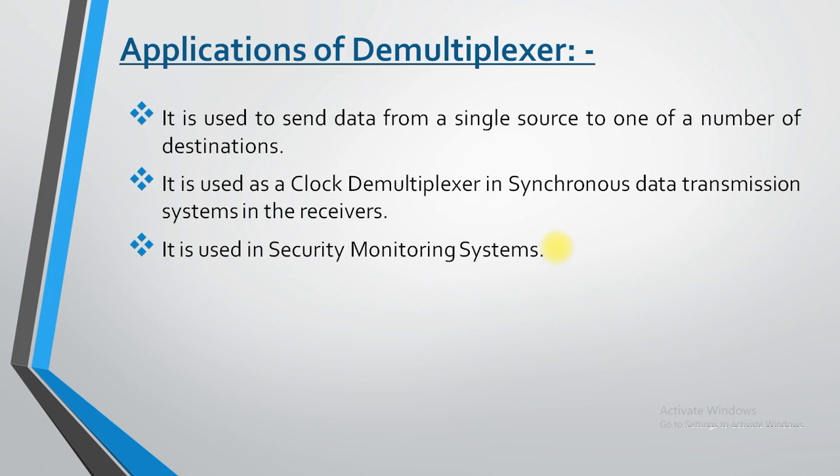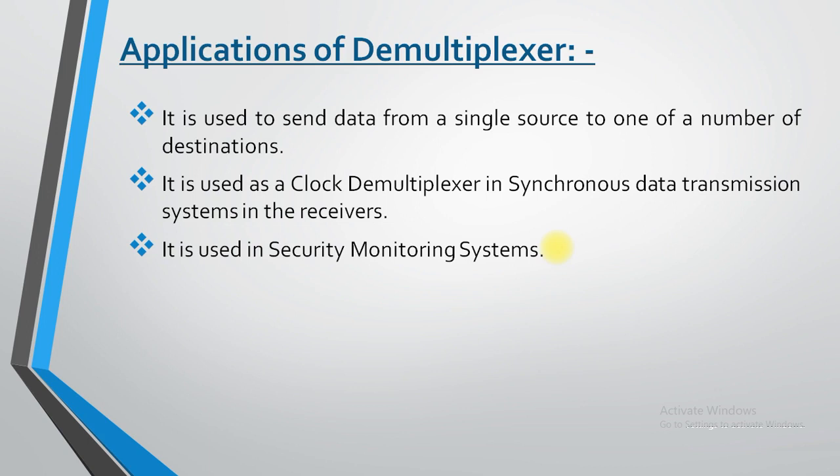Receiver means the destination which receives the data. So over here with demultiplexer we have a single source but many destinations. And when there is a security monitoring system, with that also you can use demultiplexer.